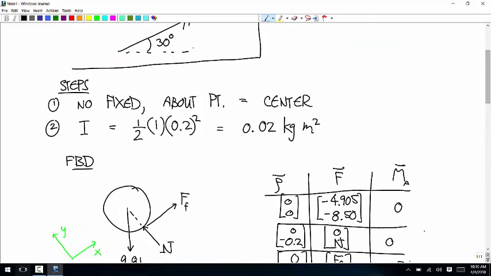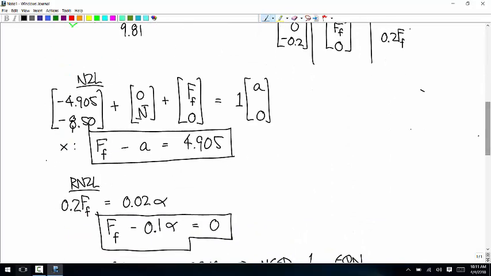1/2 times the mass times the radius squared, so 0.02. One-fourth is if it's rotating like a paddle. Let me rescore yours. I'm just kidding.